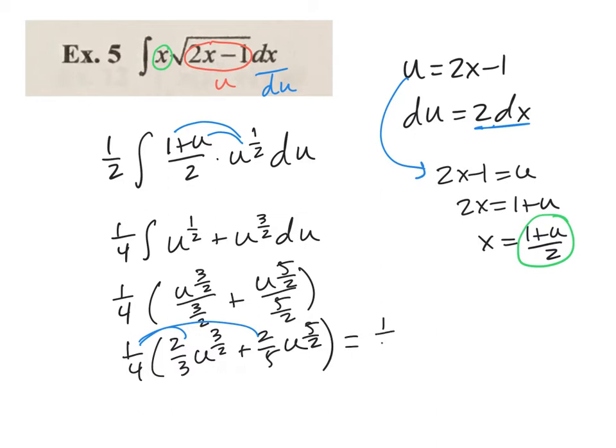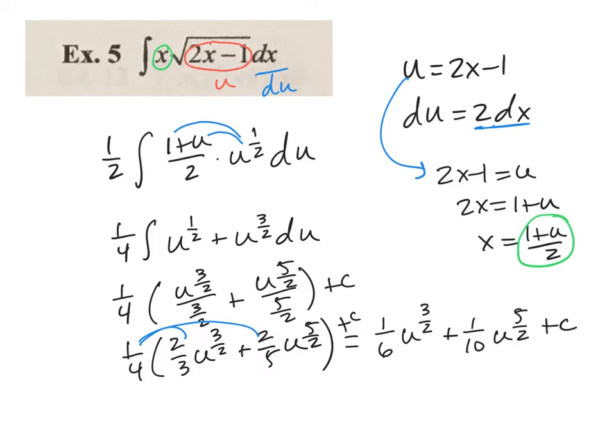So we'd have 1/6 u to the 3/2 plus, now we're going to take that 1/4 times 2/5. Well, there's a common factor of 2 there. 2 goes into 4 twice, so that would be 1/10 u to the 5/2. Oh, and I'm forgetting my plus c. Every one of these steps should have had a plus c.